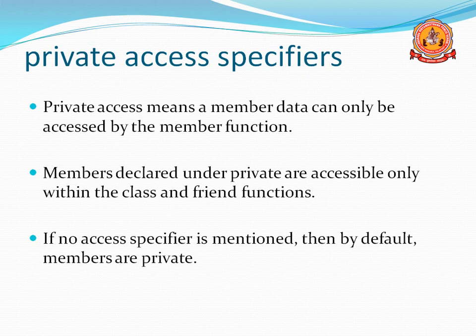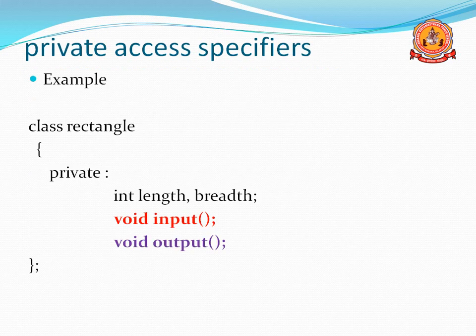If no access specifier is mentioned, then by default members are private. Very important: if you forget to write the private access specifier or public or anything, by default the compiler will take members as private. Here is an example. Class rectangle.